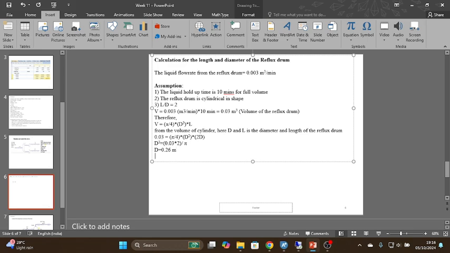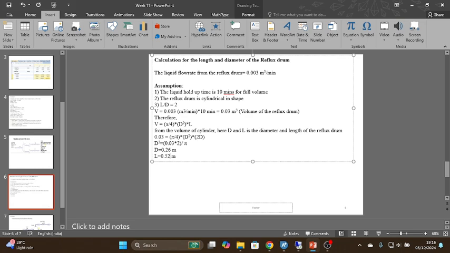So if d is 0.26 meter, L becomes 0.52 meter.